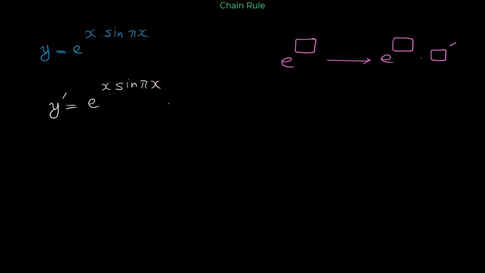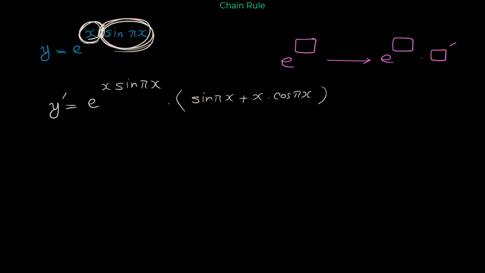Attention again, this exponent is x times sine of pi x. If you use product rule, derivative of x is 1 times sine of pi x, which would be only sine of pi x, plus the first function, which is x, times derivative of sine. Derivative of sine is cosine pi x.